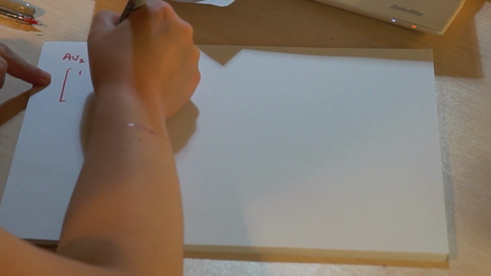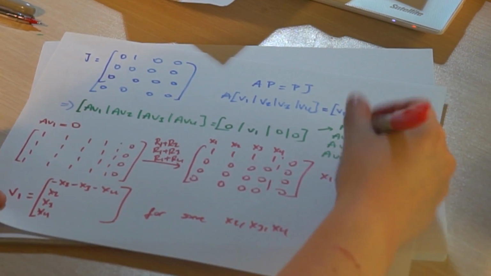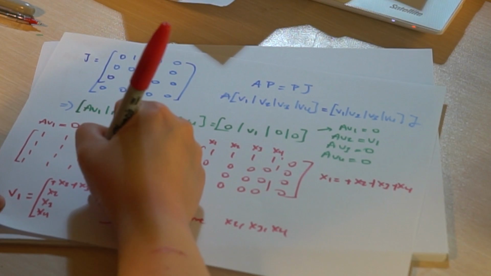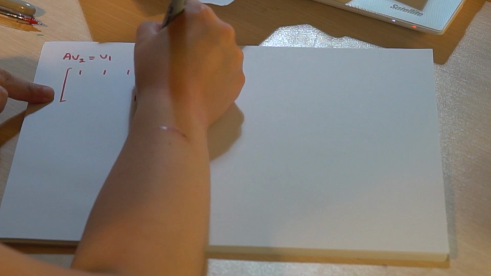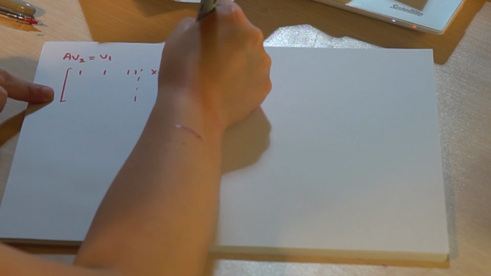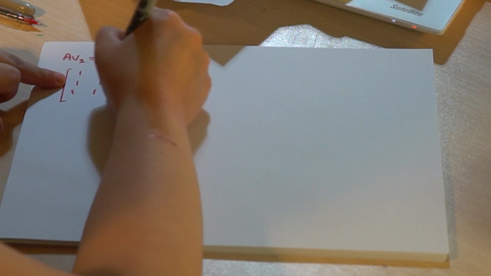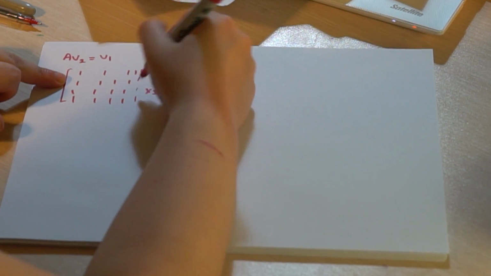So we will have 1, 1, 1, 1. We don't need the minus, since minus 1 is equal to 1 in F2, right? So the right side is x2 plus x3 plus x4, x2, x3, x4.